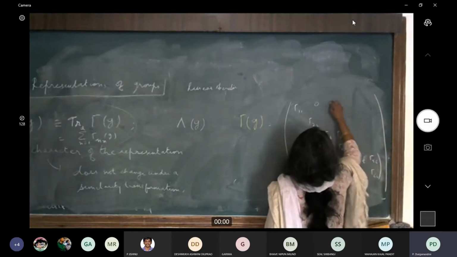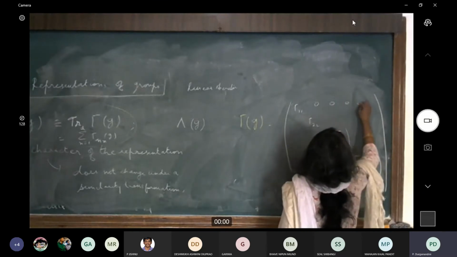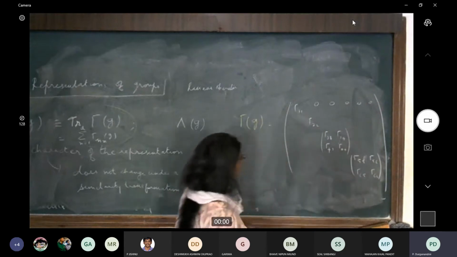Suppose I can write it like this, for a 6 by 6 matrix.